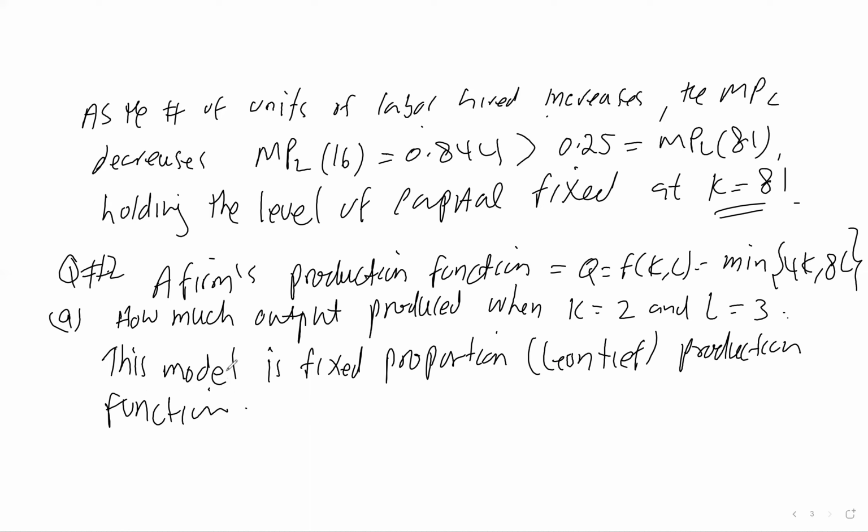What do we mean by this? So we have Q equals F of K and L, we have 2 arguments, and that is equal to the min of 4K and 8L.